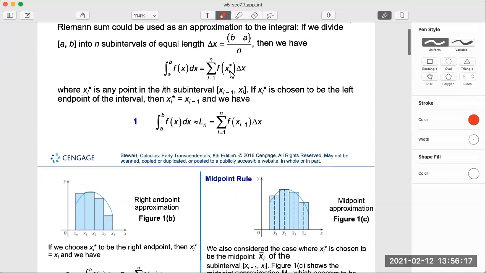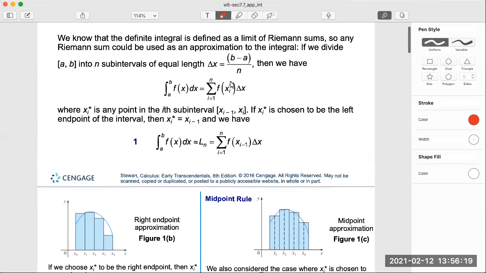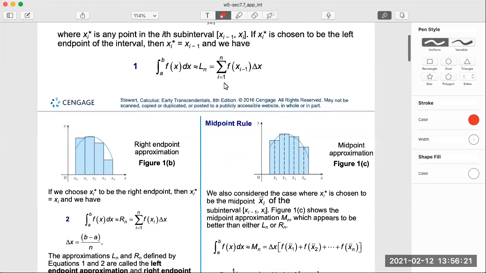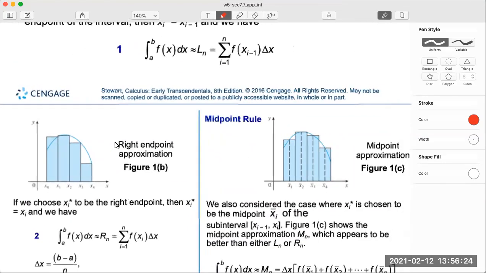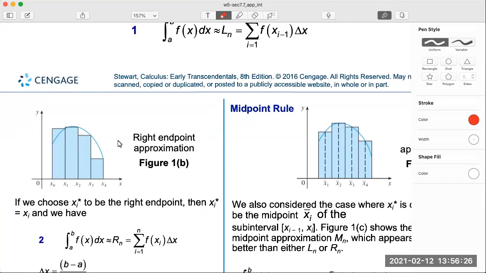Look at this. Suppose the graph of the function f(x) is given by this blue line here. The interval from a to b is discretized into 4 intervals: x0, x1, x2, x3, x4.